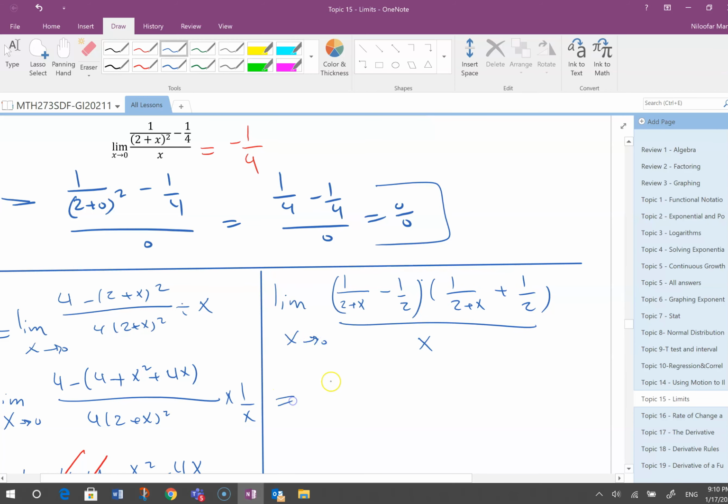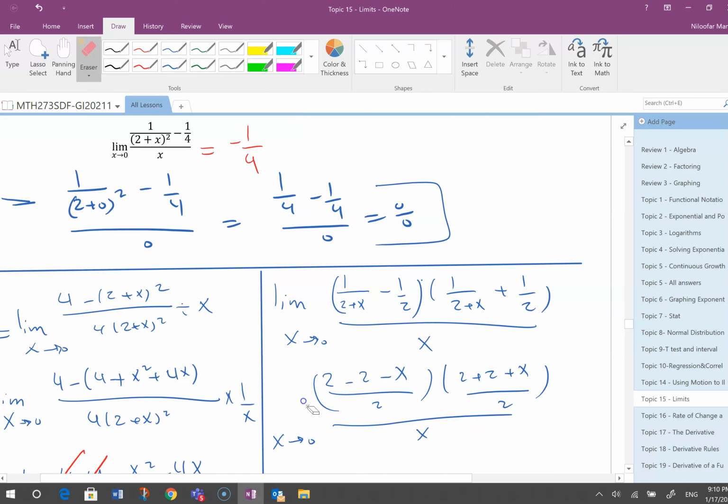Now I can do a common denominator. So it is ((2 minus x) over 2) times ((2 plus x) over 2), divided by x, as x goes to 0. I need the limit symbol until the end when I calculate.